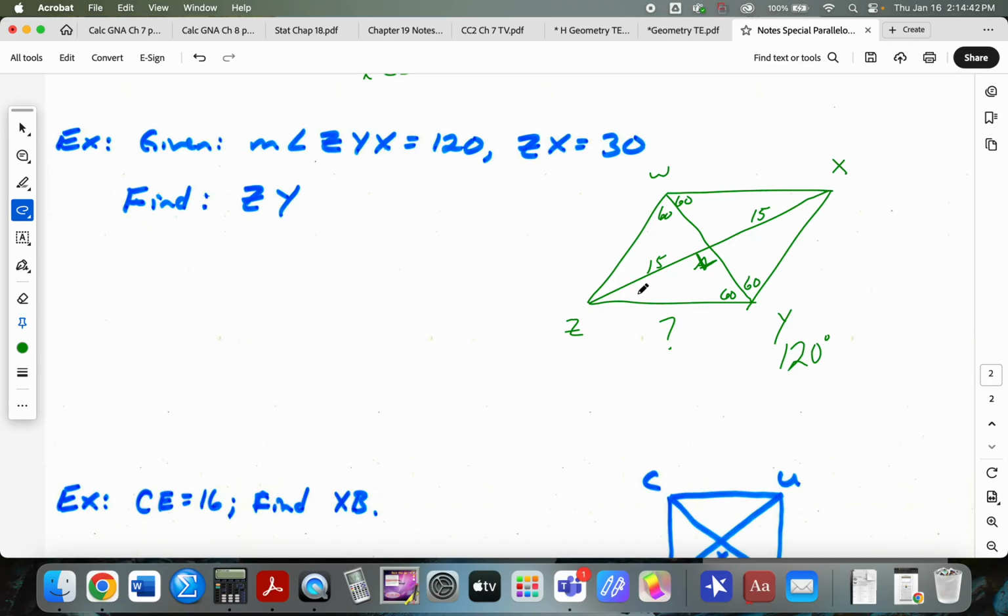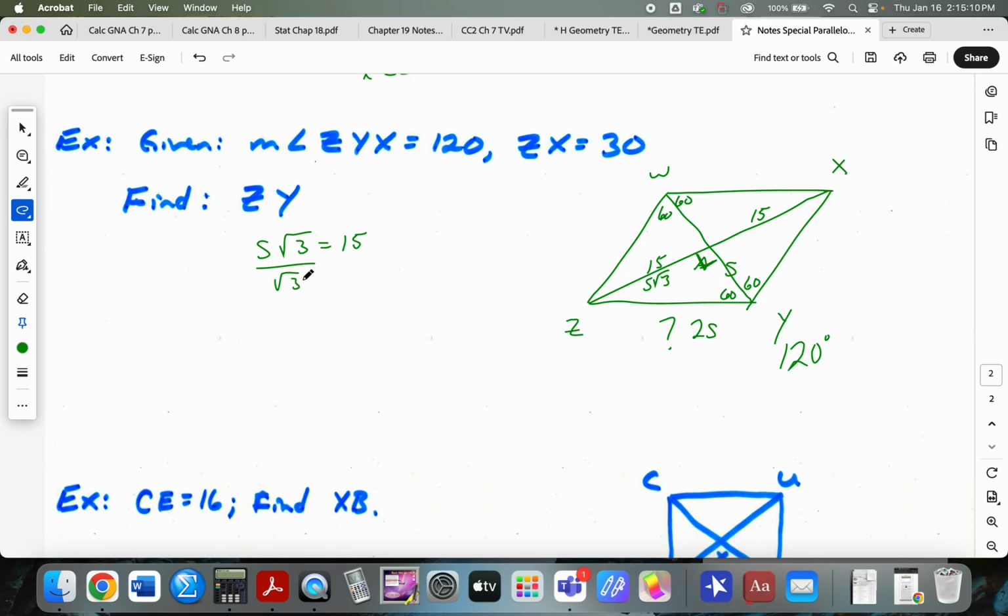The short leg is across from the 30-degree angle, so this is S. The 15 is S times the square root of 3. And ZY, what we want to know, is 2S. So S square root of 3 is equal to 15.